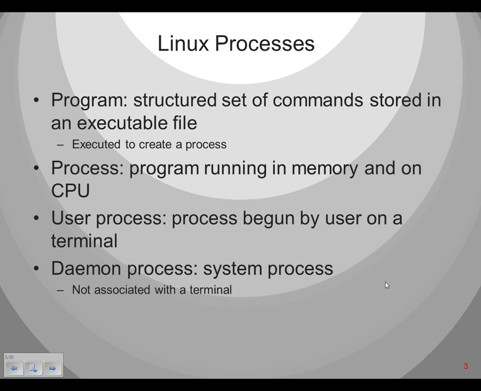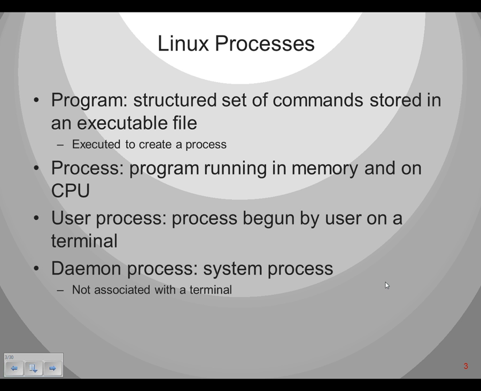A process is a program that is running in memory and on the CPU. In other words, a process is a program in action. So there's a little play on words there. Some people get confused with it.